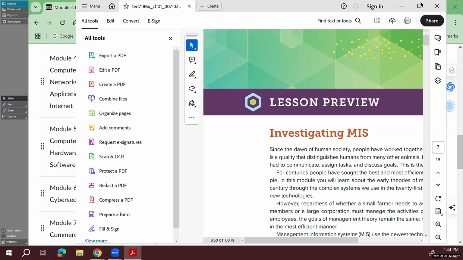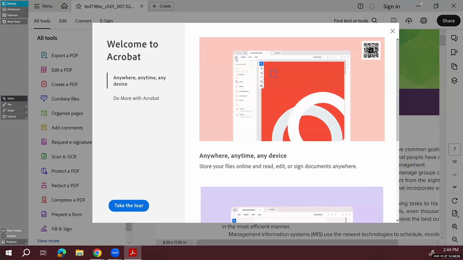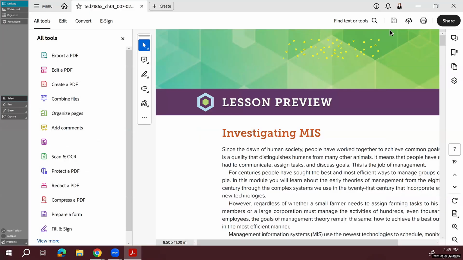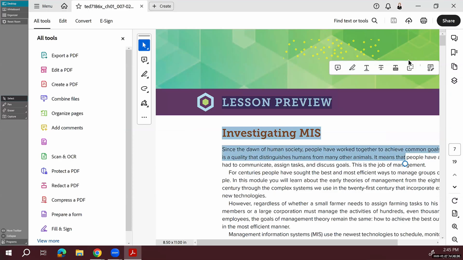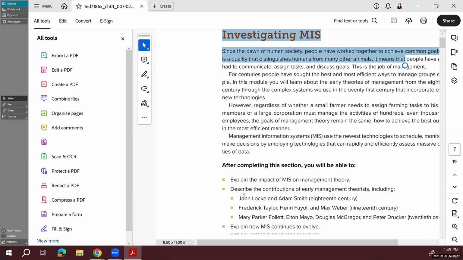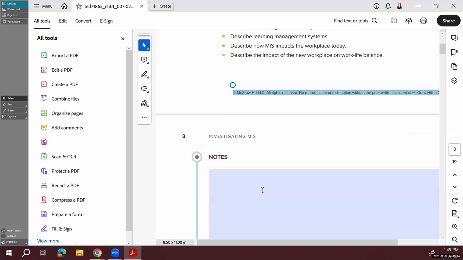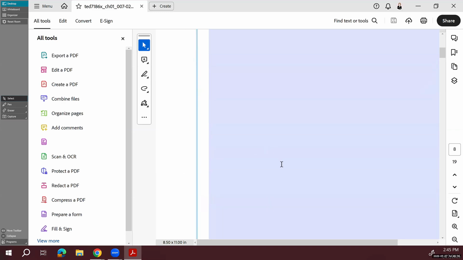So basically, when you download this, okay, I don't need to take a tour. I'm okay. Thank you. What you see here is a bunch of pages, and then you'll have pages for notes as well. I'm trying something different. This is what's known as a backward design type of interactive lecture, because this is what I like.